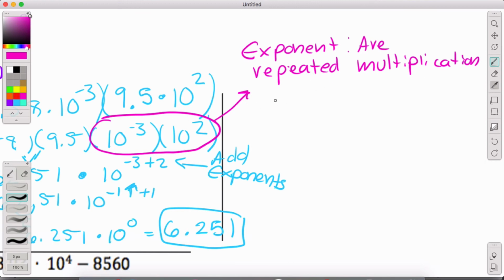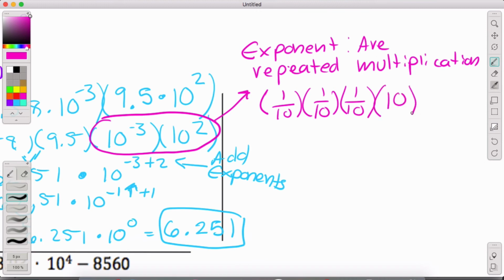So it's repeated multiplication, so that means that we would have 10 to the negative 3, 3 times. Now, this is tricky because 10 to the negative 3 is actually a fraction. Anything to the negative power, class, is a fraction, everyone would say. So this would be 1 over 10, and then 1 over 10 times 10 times 10.